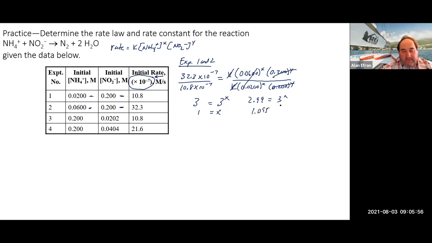You take the natural log of the 3 on this side, which gives you basically 1.0986, and the x comes down. When you divide 1.095 by 1.0986, it gives you basically 0.997, which is pretty close to 1.